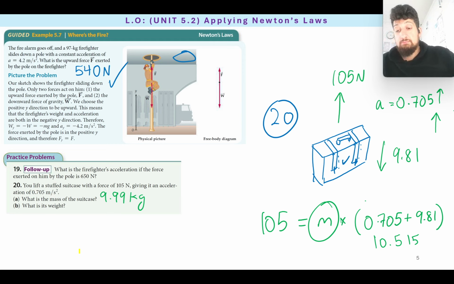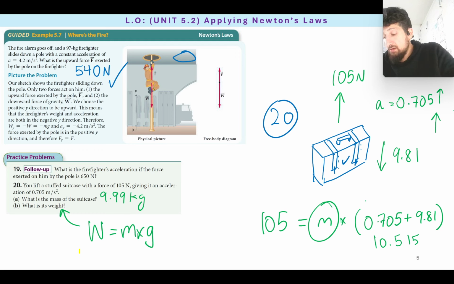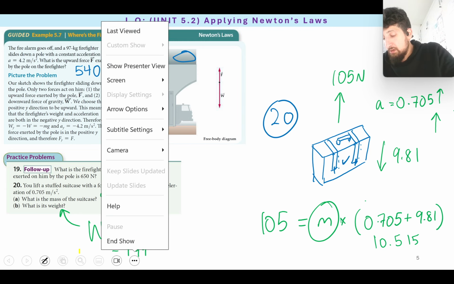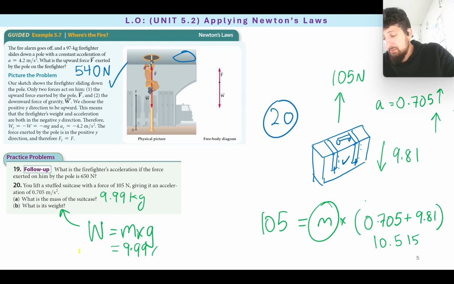What is the weight? Well, that's really easy. Remember, the formula is weight equals mass times gravity, which is going to be 9.99 multiplied by 9.81 here on Earth. 98 newtons.